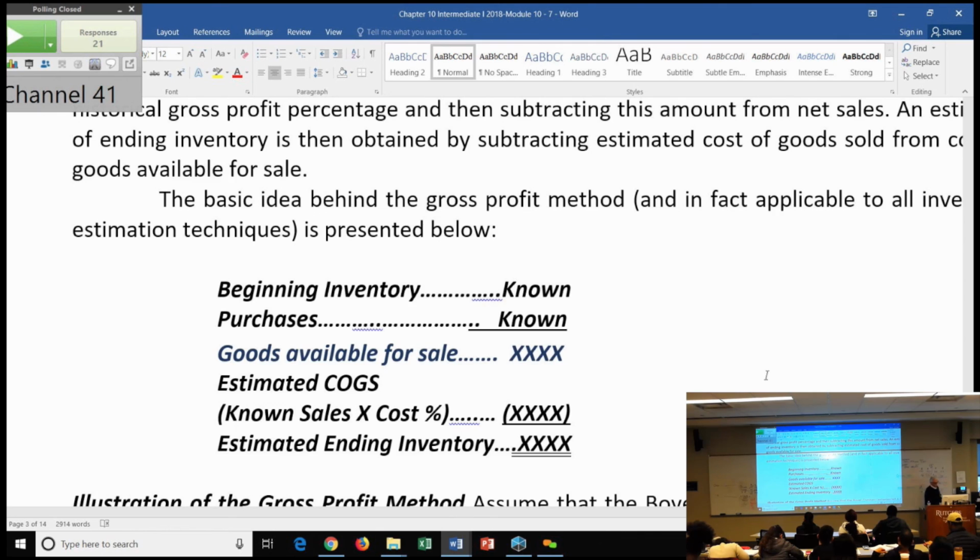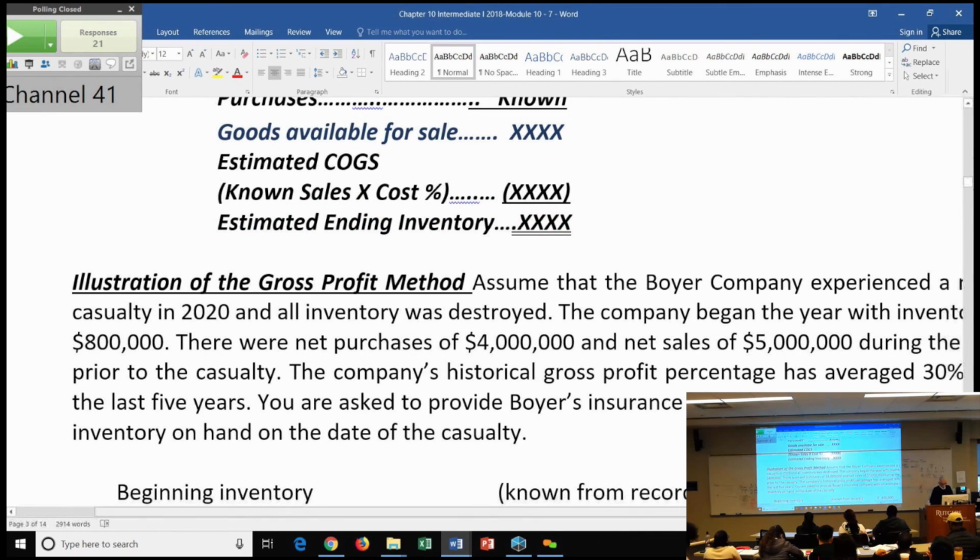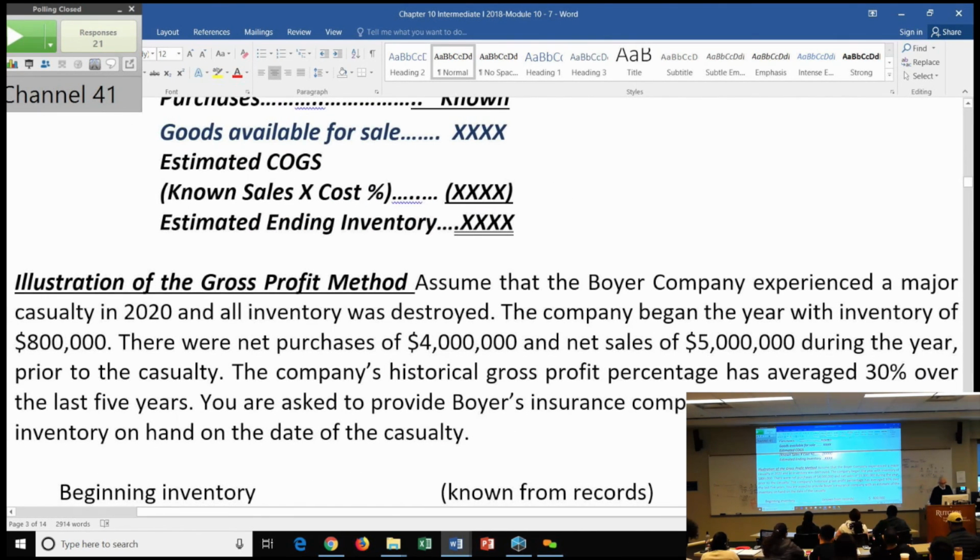All right, so let's assume that you have a Boyer company that experienced a major casualty in 2020. All of its inventory was destroyed. It began the year with inventory of 800. There were net purchases, those were purchases minus purchase returns and allowances, of 4 million.